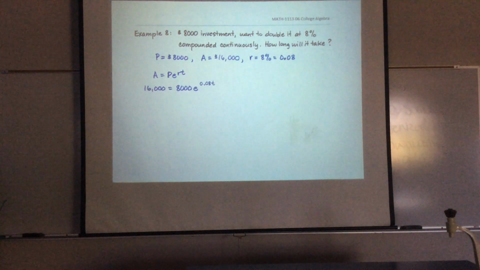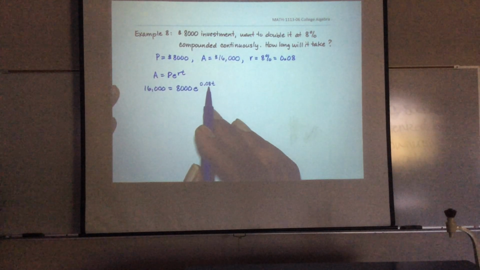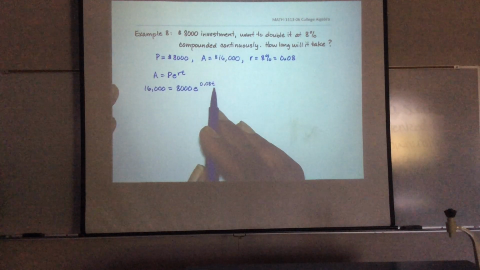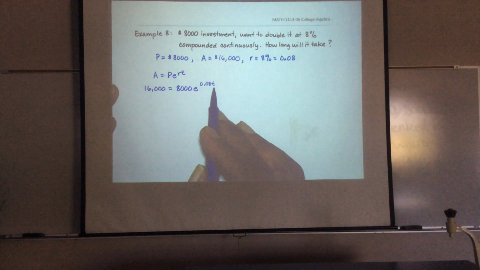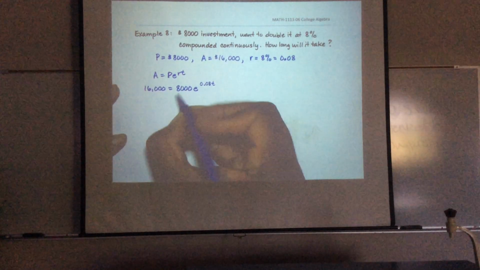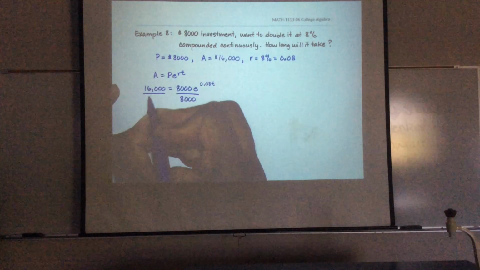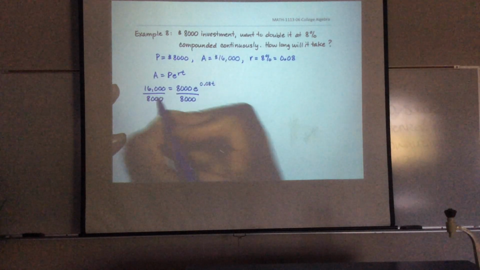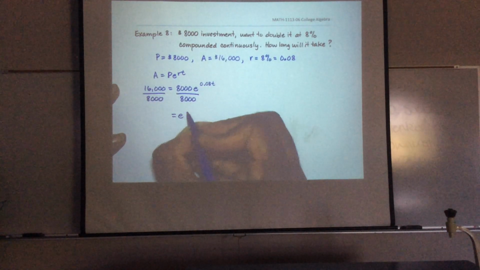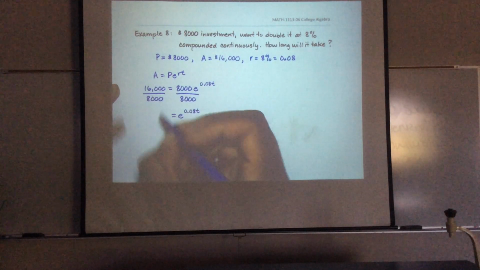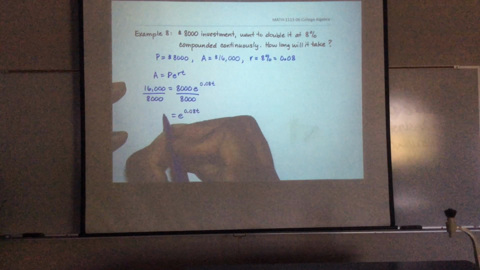Now I need to get that exponential expression by itself, e to the 0.08t. I'm multiplying by 8,000, so I need to divide both sides by 8,000. So this will be e to the 0.08t equaling 16,000 divided by 8, which is 2.